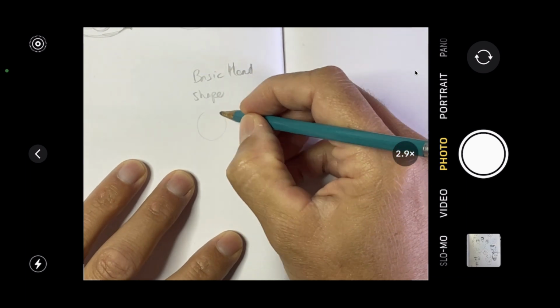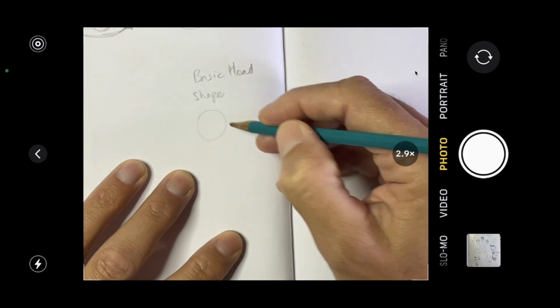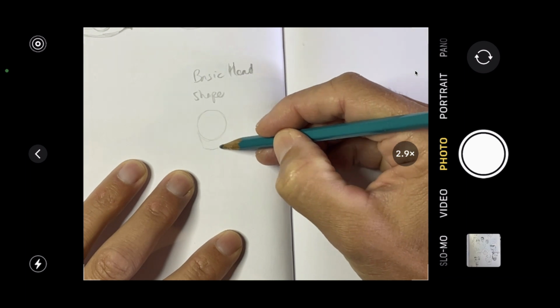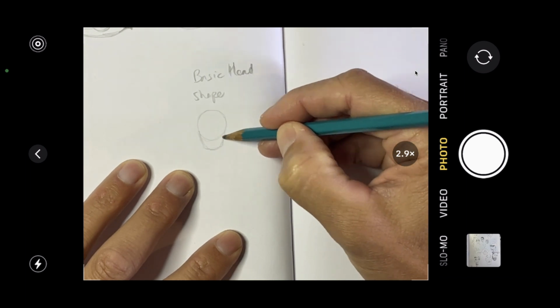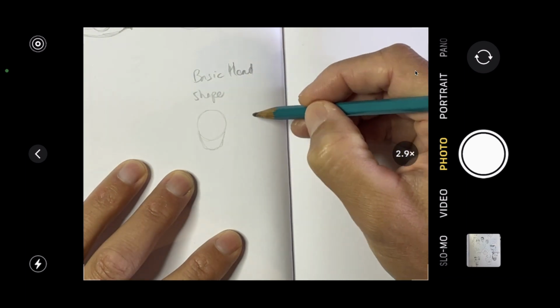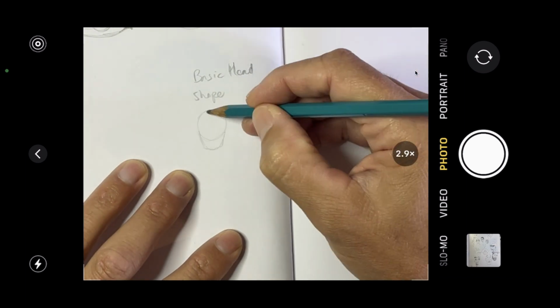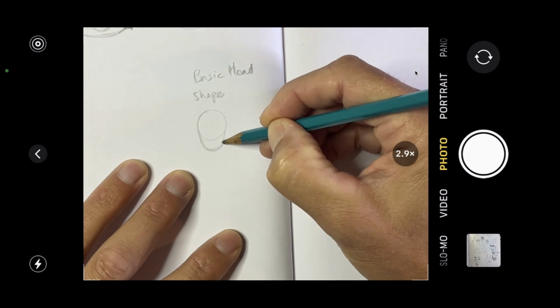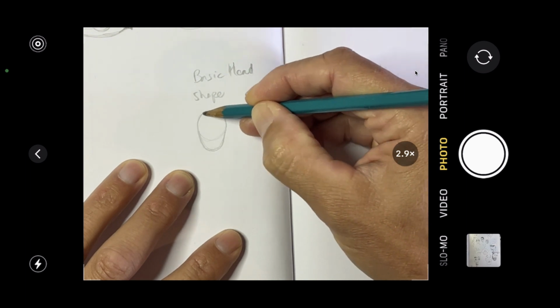If you draw a circle and then a jawbone that adds like 1/3 or more distance down, all right, you get that shape right there. Right? It's not round. It's not too oval, but it's more like an egg. A little pointier at the chin side and a little wider in the upper half.